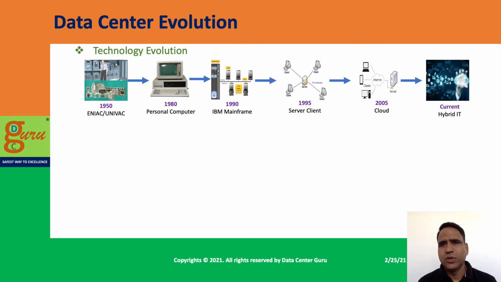Now, more and more organizations are following hybrid IT. So what is this hybrid IT all about? It is a combination of different kinds of technology, topologies or services they use to deliver business services through technology to the customer.